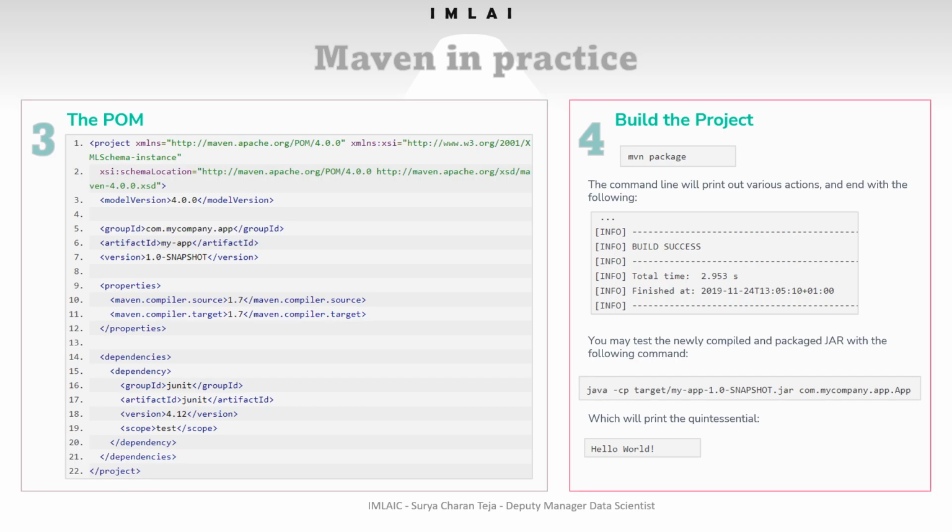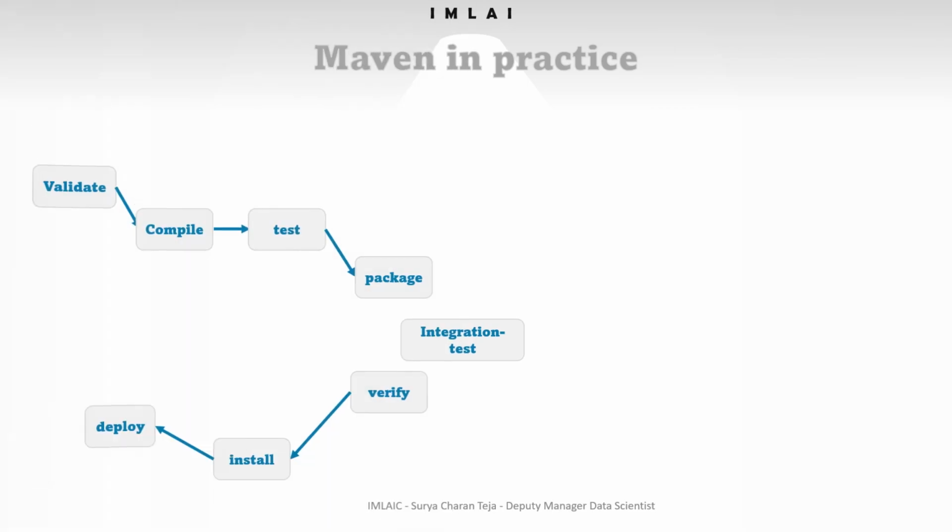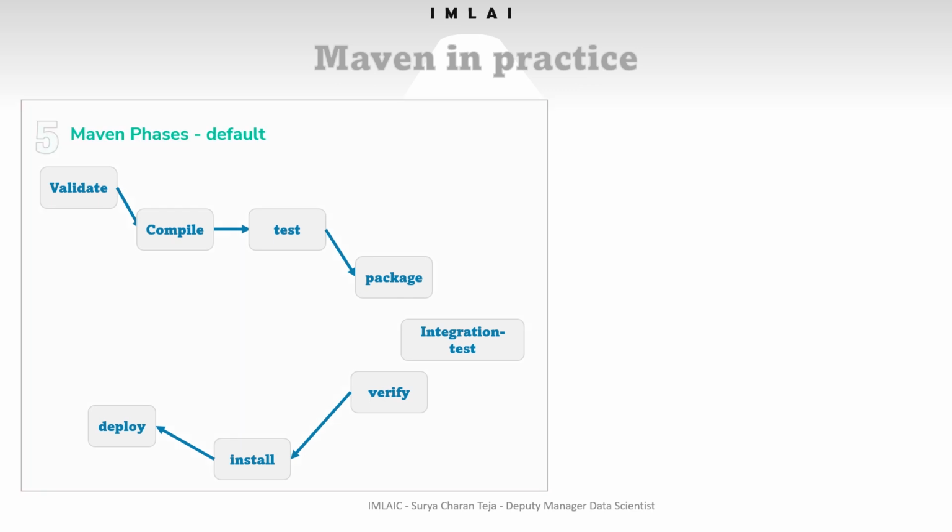Before we jump into the Maven main project, let's go through whatever we have discussed so far, like phases and life cycles. We have some Maven phases. This is the default life cycle. The Maven phases are: validate, the project is correct and all necessary information is available.